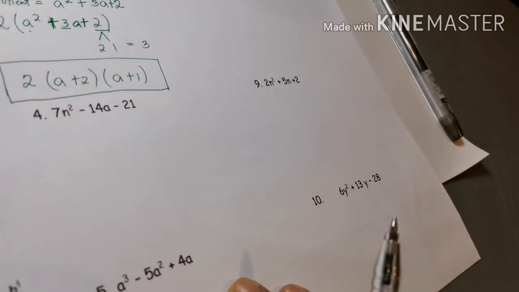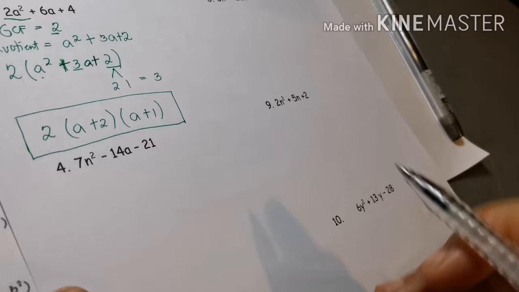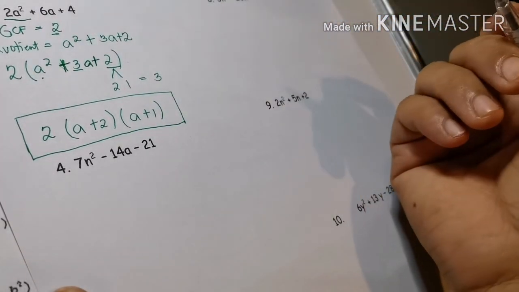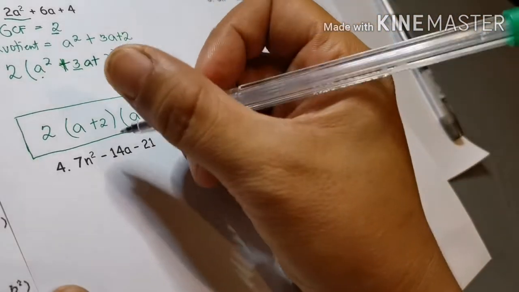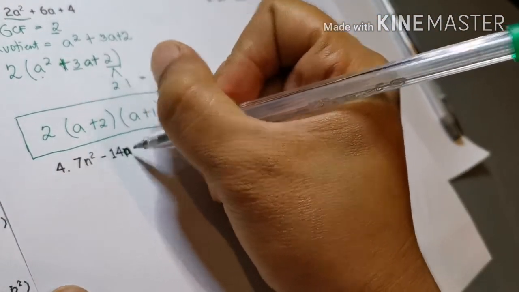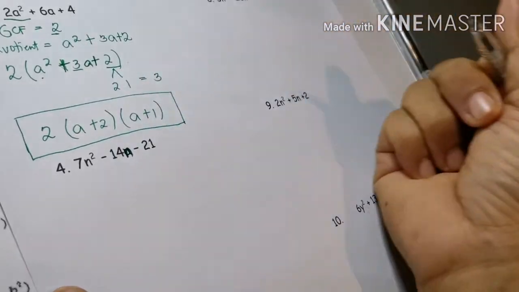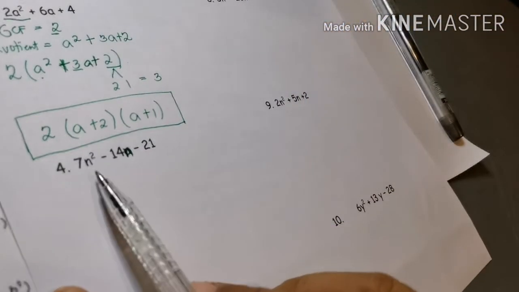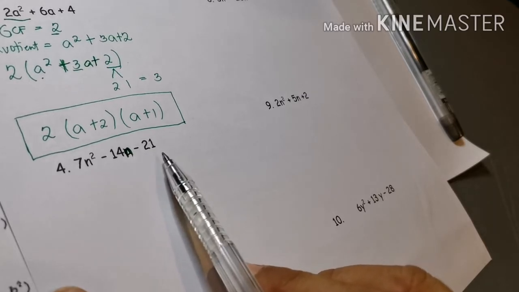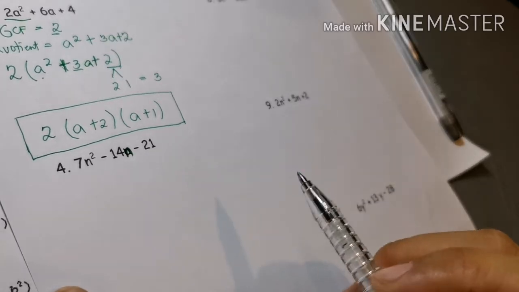Next we have number 4. This time, do we have a common factor? Oh, sorry, clerical error. This should be m. Sorry guys, that should be m. So we have here 7n squared minus 14n minus 21. This time, do we have a greatest common factor?